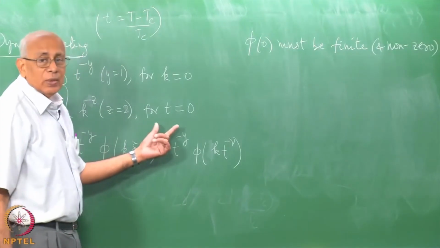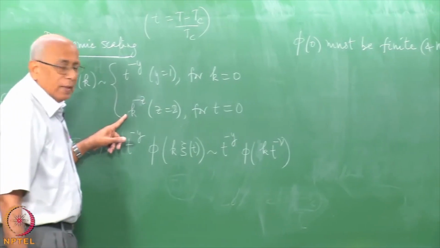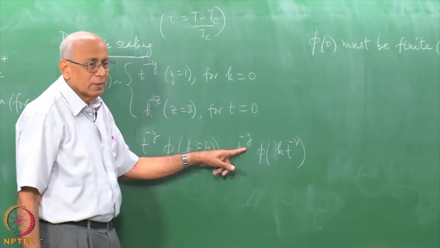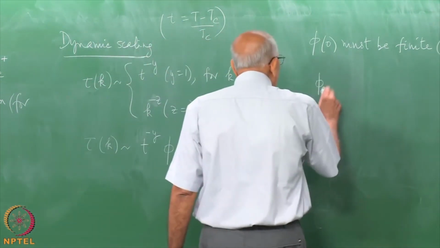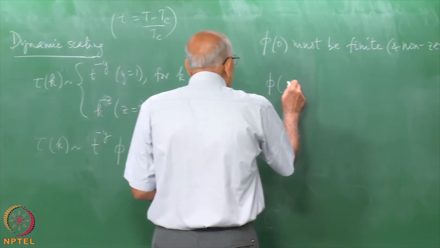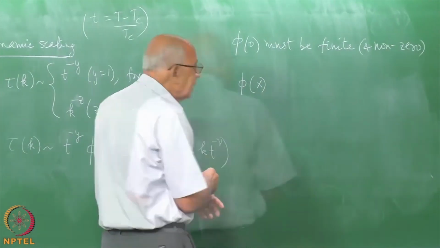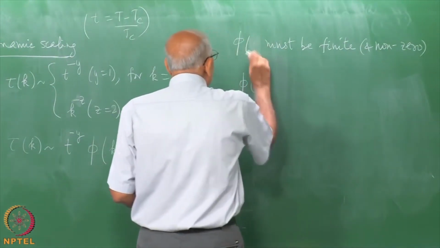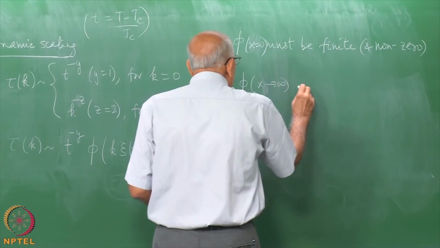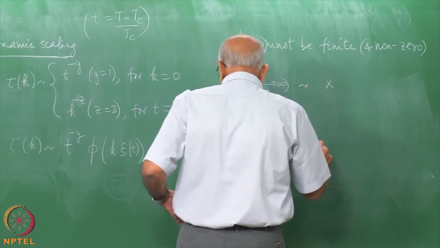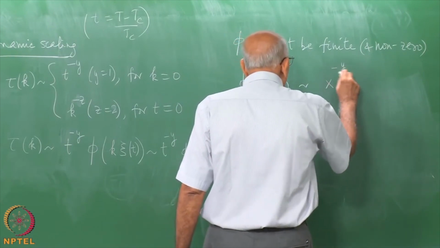But as t goes to 0, this goes to 0, and you want this behavior. That means this must be cancelled out with a t to the power y. So we want phi of x, phi at x equal to 0 must be finite, and phi at x tends to infinity must go like x to the power minus y over nu.